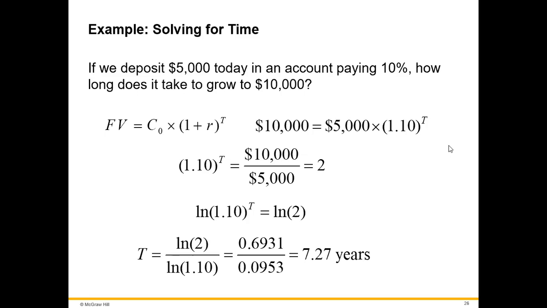And that would give us, as you can see, 0.6931. So on your calculator, natural log ln 2, enter 0.6931. Natural log ln 1.10, enter 0.0953. Finish up your math there, and you can see 7.27 years.